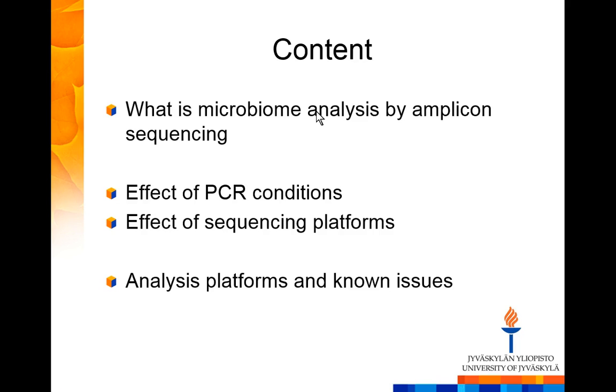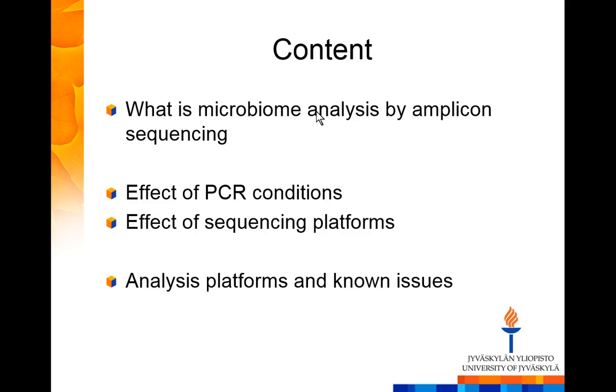So this will be an introduction into community analysis by amplicon sequencing, mostly by 16S sequencing. First, I would just like to remind you, probably most of you already know, what this kind of microbiome analysis or amplicon sequencing based community characterization actually is, what it tells you and what it doesn't tell you.